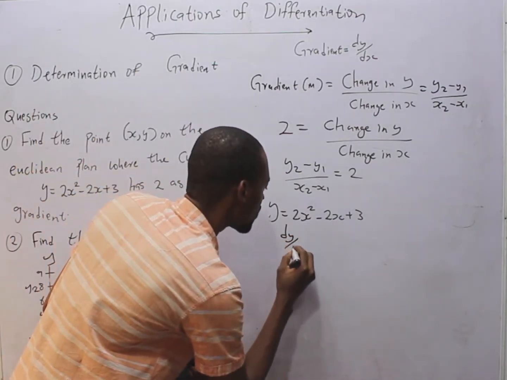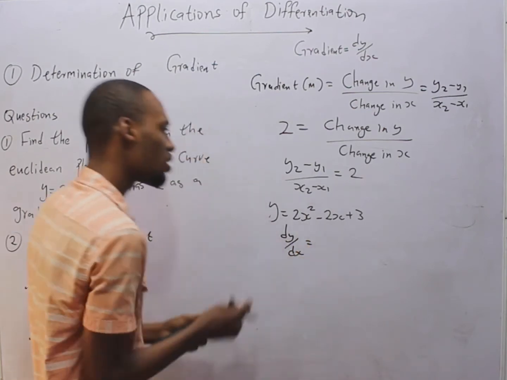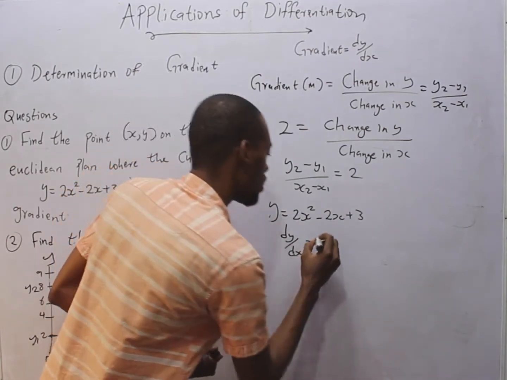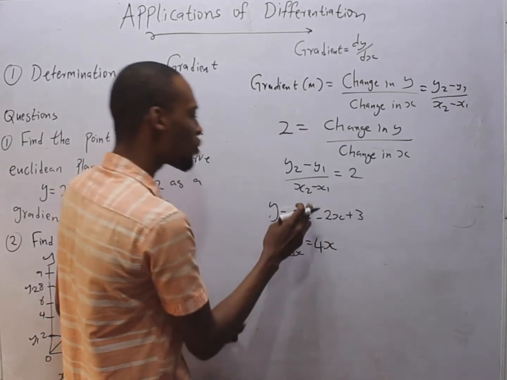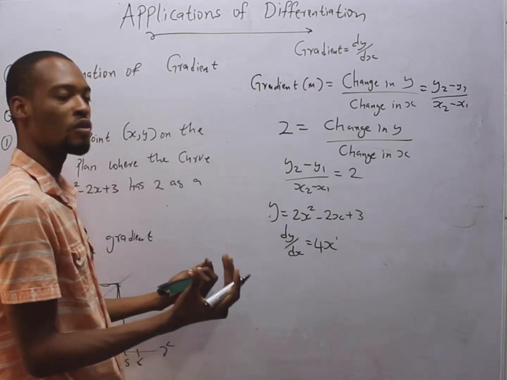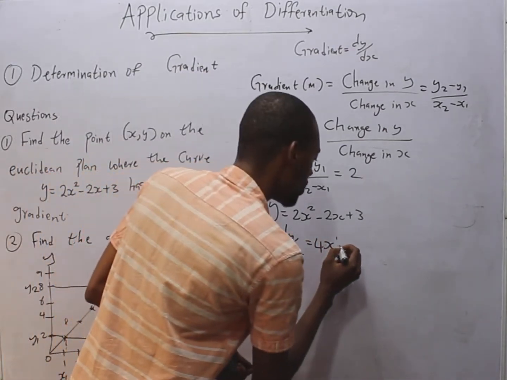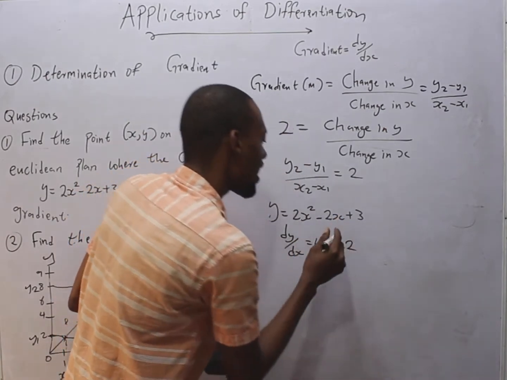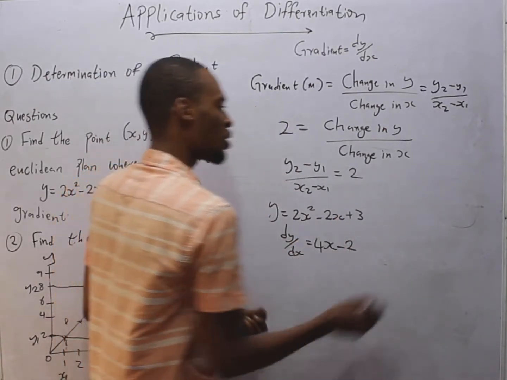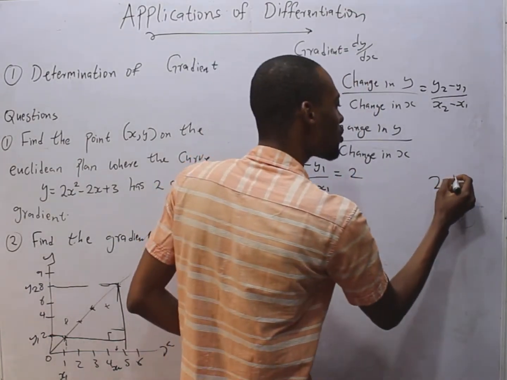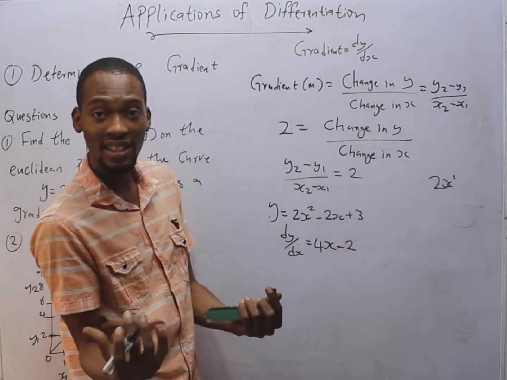Dy ds simply becomes, differentiating 2s squared, we have 2 times 2, 4s, subtracting 1 from 2, we have 1. So that is it, we've differentiated. Minus, when you differentiate 2s, you get 2. I already explained that because 2s is the same thing as 2s raised to the power of 1, right?